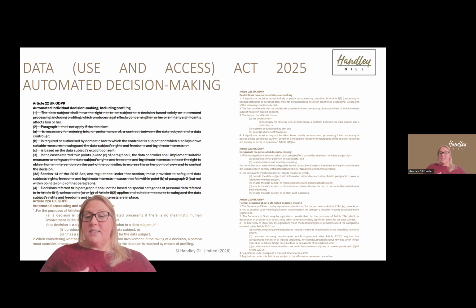Those safeguards must consist of or include measures to provide the data subject with information about decisions, enable them to make representations, enable human intervention, enable them to contest decisions. And then there are provisions there around Article 22D about the Secretary of State and what regulations he is entitled to make.